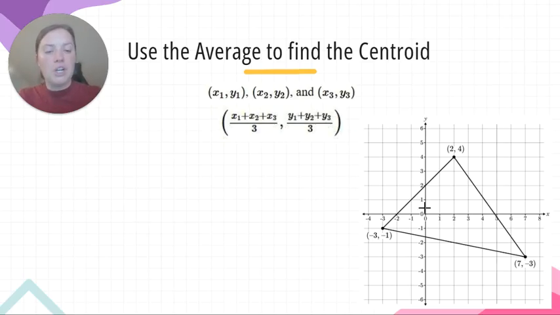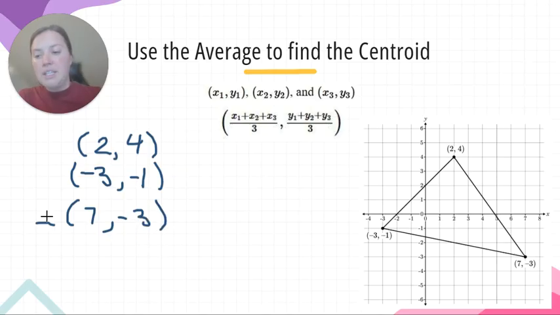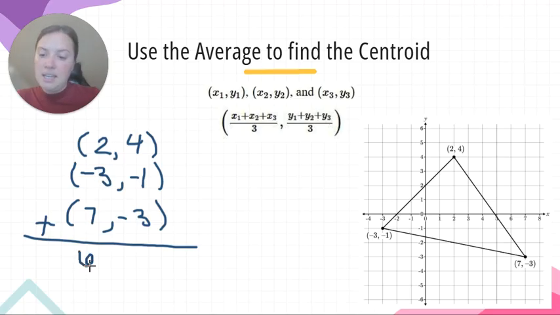So in our example here, we have 3 points. We have the point (2, 4). We have the point (-3, -1). And we have the point (7, -3). Now, if we simply add up all these points, so we have 2 minus 3 is -1, -1 plus 7 is 6.